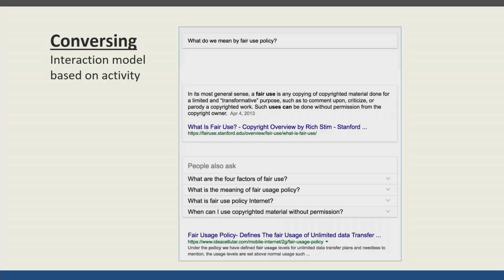So if you look at this search result page, it is like a conversation between the user and the search engine, and the language of communication is natural language. It's how we would have communicated with any human being. So in this particular interaction model, the set of activities that you are performing are around conversation, around engaging in a dialogue with the computing or interactive artifact.